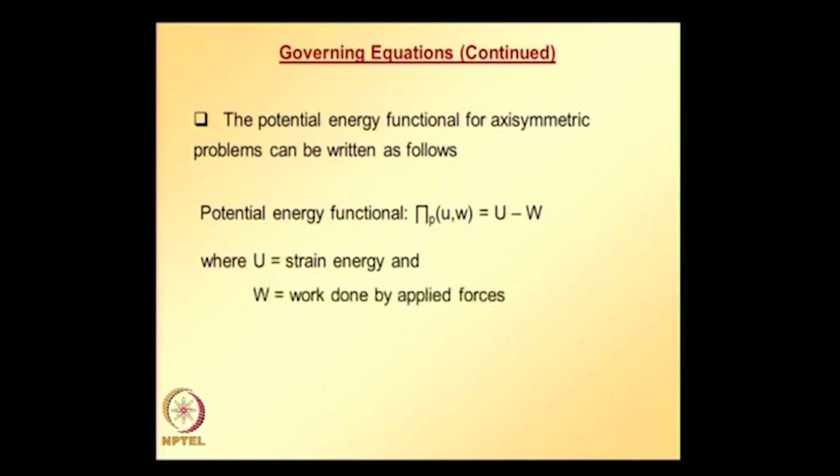U is strain energy, W is work done by the applied forces. So, now we need to look in detail at how to calculate strain energy for axisymmetric problems and work done by the applied forces for axisymmetric problems.